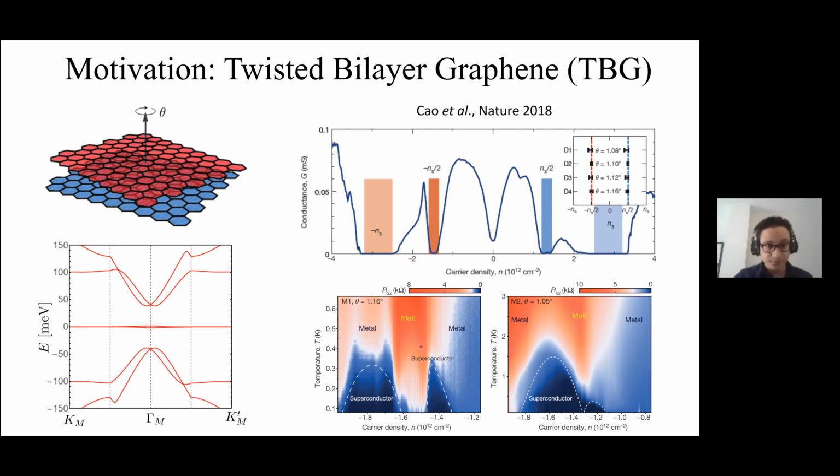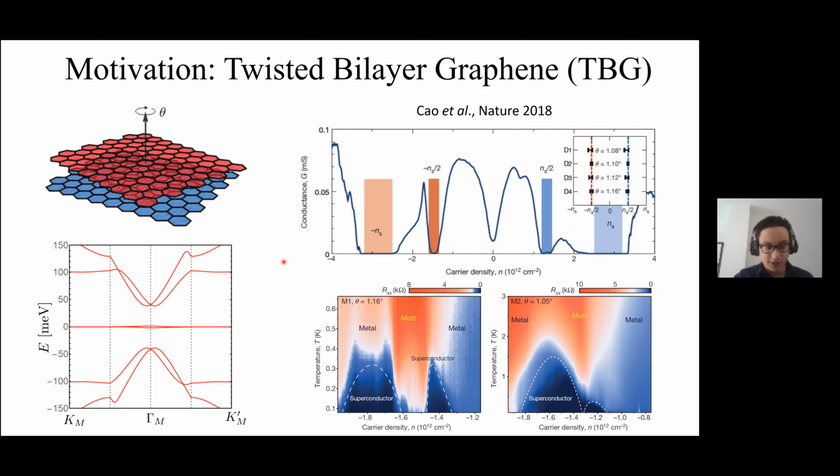correlated insulator. In the 2 years since then, several groups have reproduced these results. One particular result that I want to highlight is from the group in Barcelona, where they saw not only clear insulating peaks at ±2, but also at charge neutrality.